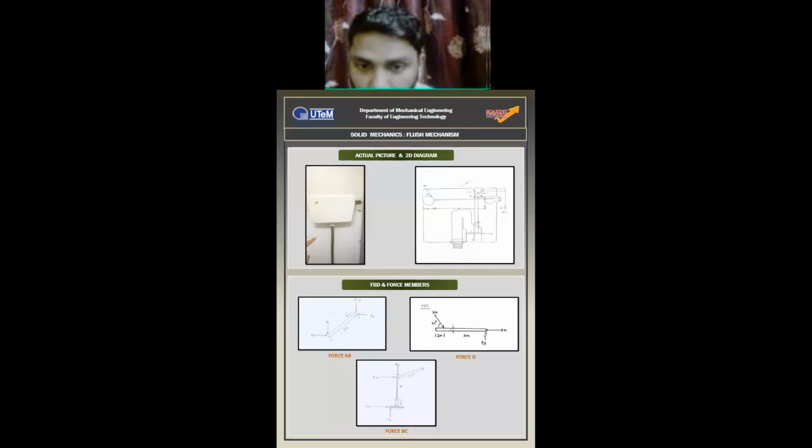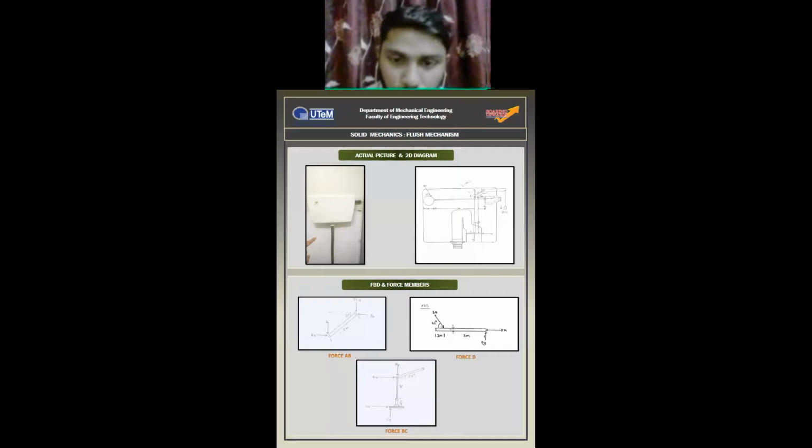Next is force D. Its F2 force has dy and dx, with 5 meter at 45 degree. The last is BC. There are four forces: By, Bx, Cy, Cx, on the piston, and the length is 1.5 meter. So that's all for me.